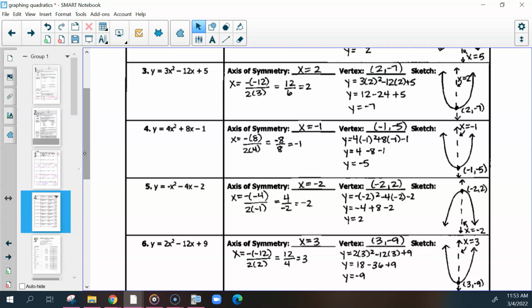I'm going to read off your axis of symmetry, your vertex, and then talk about the graph. So number 3, your axis of symmetry was x equals 2. Vertex was 2, -7. And this should have been facing up.